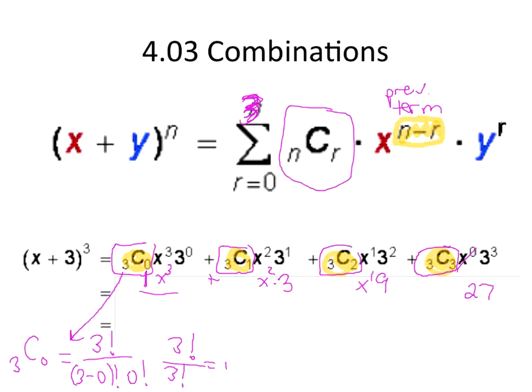Let's try one more. Let's do 3C1. Let's plug it back into my formula. 3 factorial divided by 3 minus 1 factorial, 1 factorial. Just work on that bottom portion for just a second.